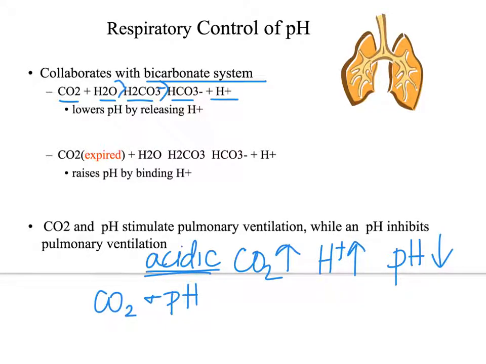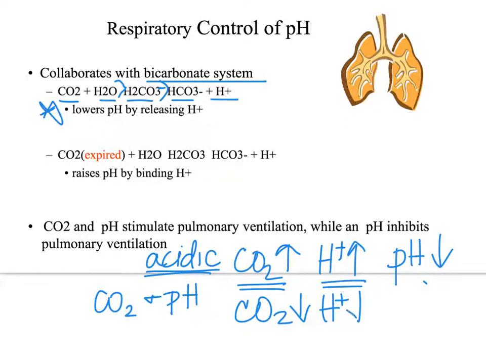If someone has COPD, and carbon dioxide is accumulating in their blood, because of this equation, they're going to accumulate more hydrogen ions, and they're going to become more acidic. If someone is going the opposite, carbon dioxide goes down, hydrogen ions are going to go down, and the pH is going to go up.